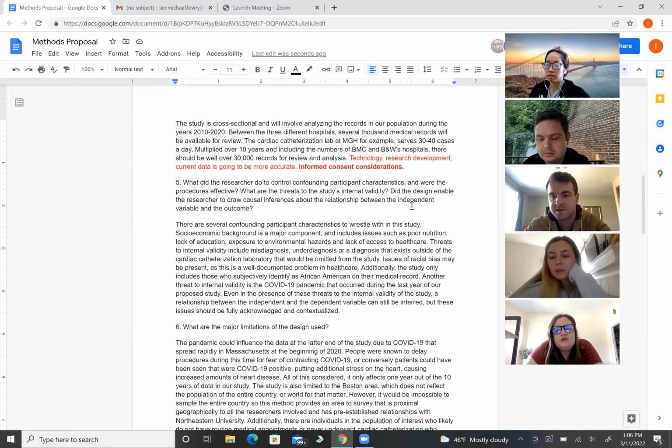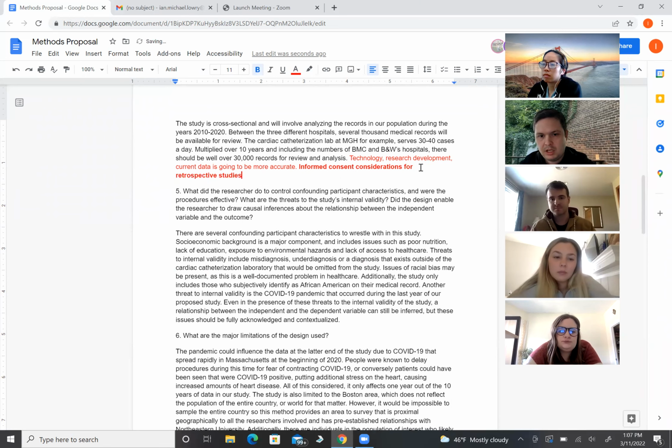No, I think longitudinal studies have a whole other set of issues you have to deal with, like participants dropping out, missing appointments and all that. Gotcha. No, that makes a lot of sense. So I think we stick with this outline, but we keep in mind the informed consent, which we will have a whole section on. I'm just going to bold that. That's a really good point, guys.